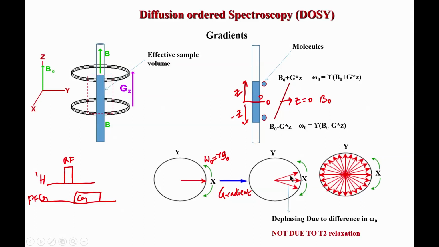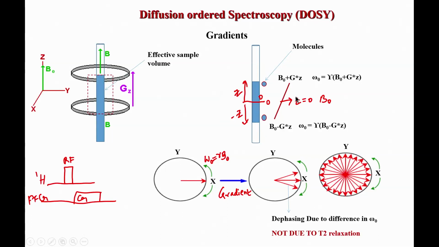Because of this, the different omegas mean the spins start going at different speeds. They start dephasing because of the difference in omega 0, and this difference is spread across the sample.